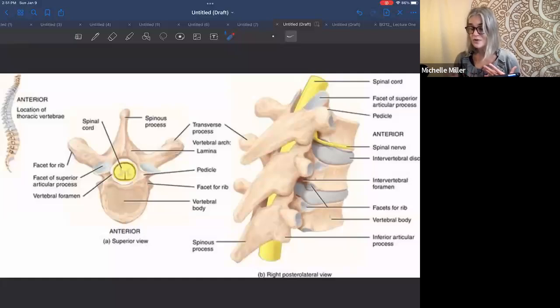They're referring to these cartilaginous discs that are found between the vertebrae right here. And you can notice that there's a lot of compression right down on these discs as we stand upright. And this compression can over time cause the discs to degenerate. And sometimes people have to have surgery because of the degeneration of the discs.